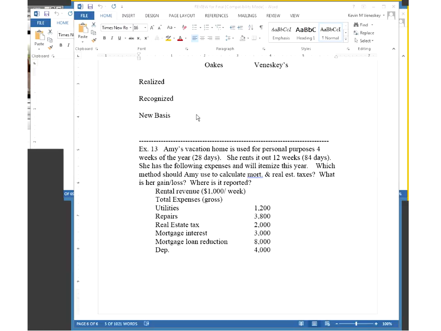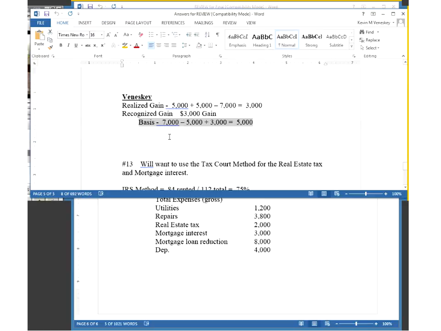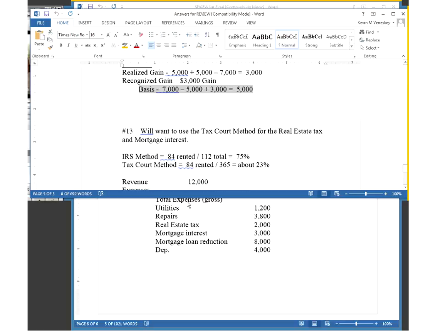There isn't that much difference between the tax court method in this case and the regular IRS method. Oh, well, sorry, that's personal. Rented is 84 divided by 112, so there is a big difference. 75% versus 23.3, or about 23%.